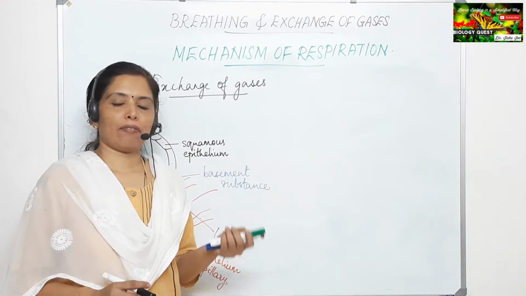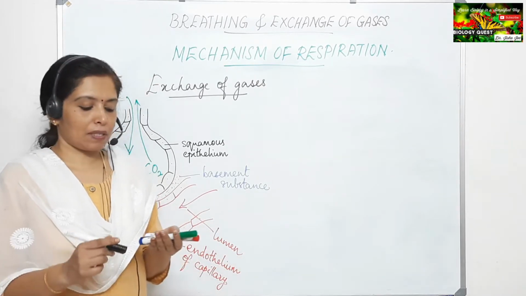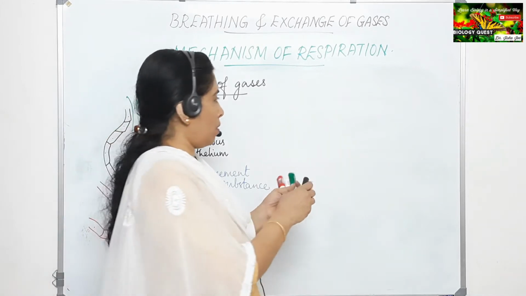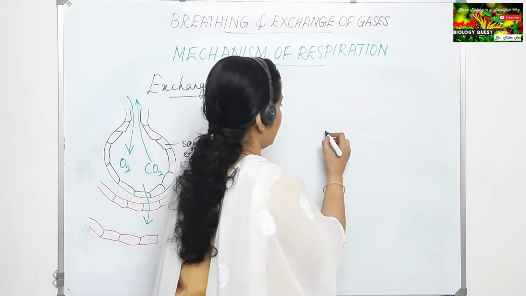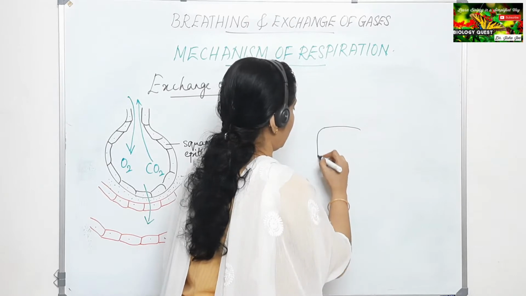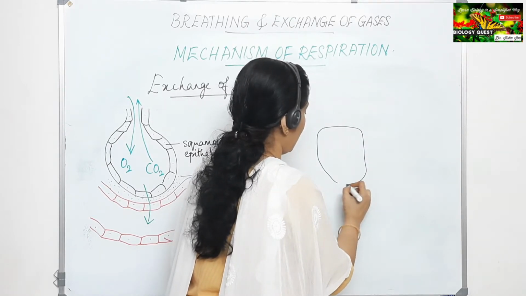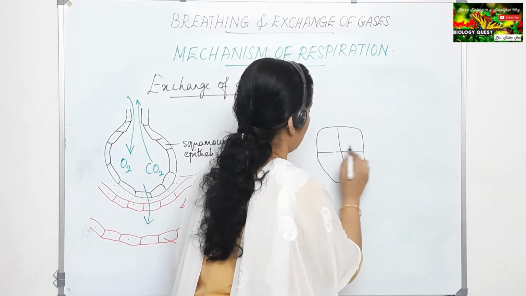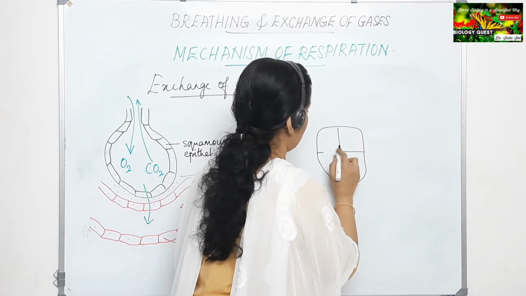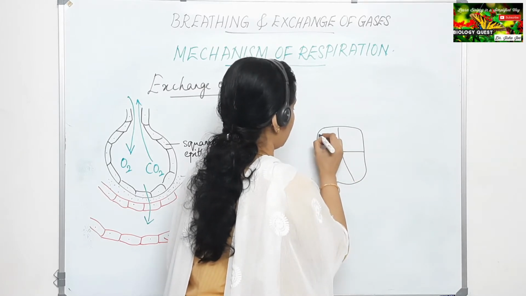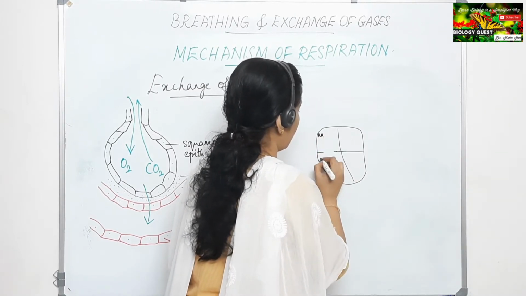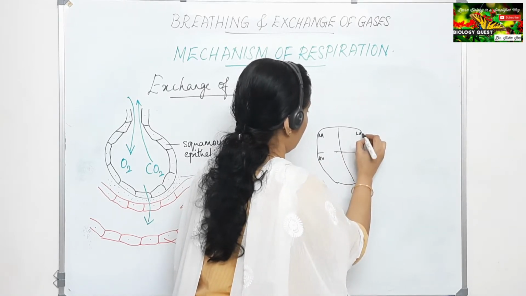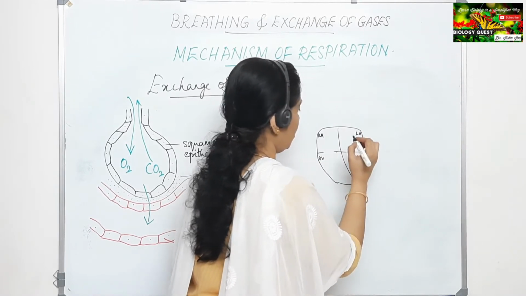Now we shall have a look at the diagrammatic representation of blood circulation in our body. So I'm just drawing the heart. That is the heart. The heart has 4 chambers. The 4 chambers of the heart are the right auricle, right ventricle, left auricle, left ventricle.